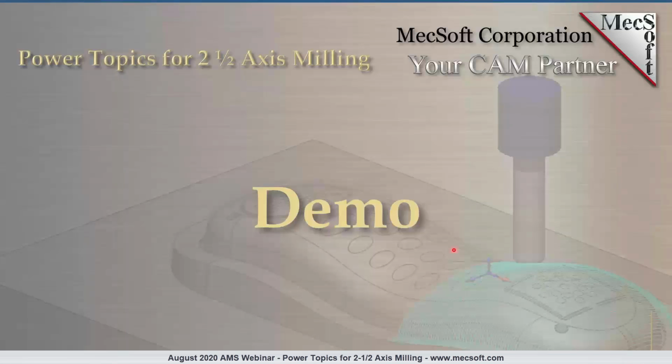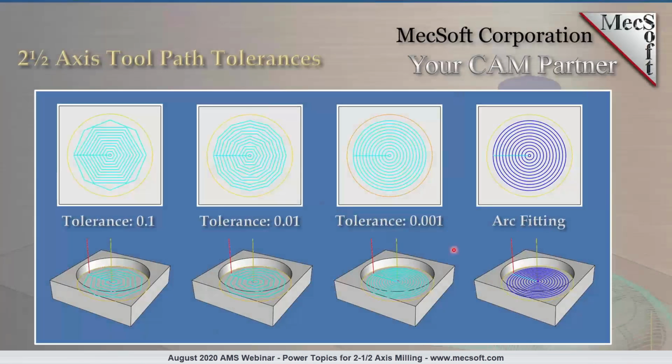Now, the first topic we're going to be covering here in today's webinar is the role of tolerances and stock parameters. So first, let's talk about how tolerances will affect your machining, especially in 2.5 axis operations. Tolerance is basically the deviation from your actual geometry.